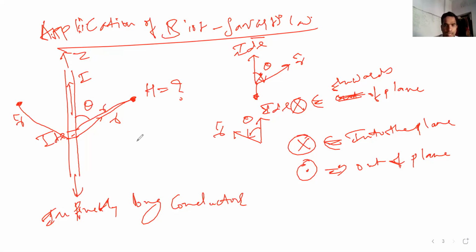So let me go to next page. If this is our infinitely long conductor and this is the point at which I wish to find H, and this is my current element which I am considering. So this is r, and this is also r.